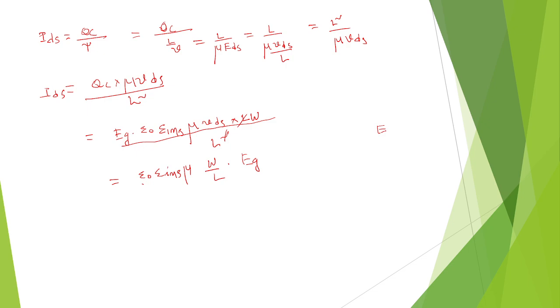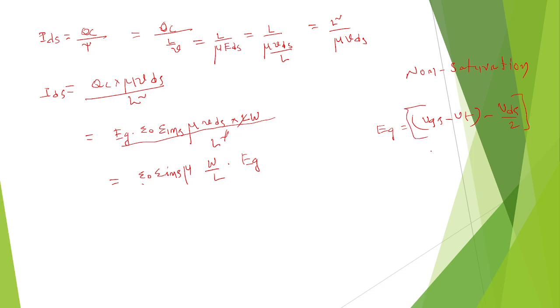But what is the electric field across the gate for the non-saturation region? The electric field across the gate is equivalent to VGS minus VT, at least half of the voltage between drain and source.